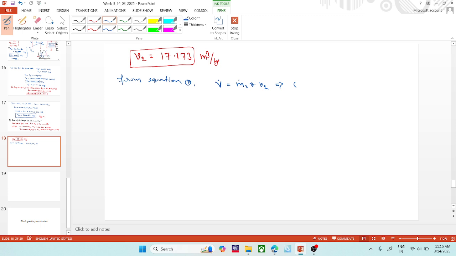M dot s is 66.67, and V2 we have just calculated, 17.173. So V dot will come out to be 1144.92.